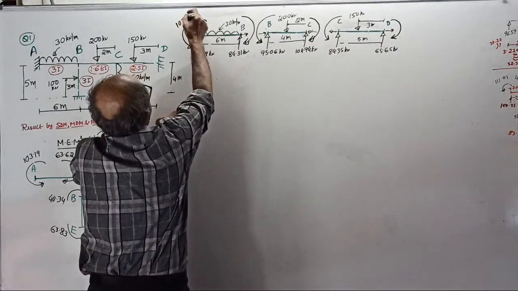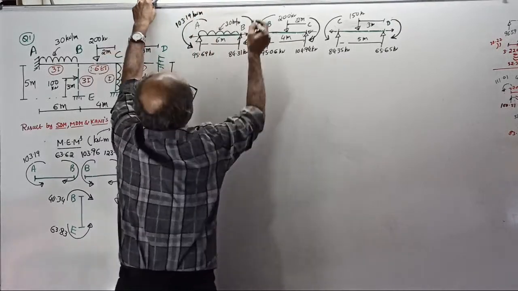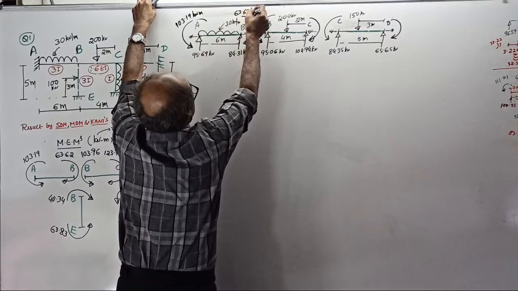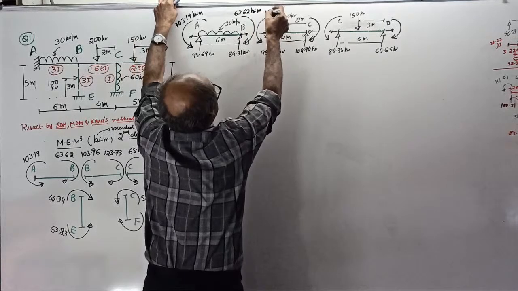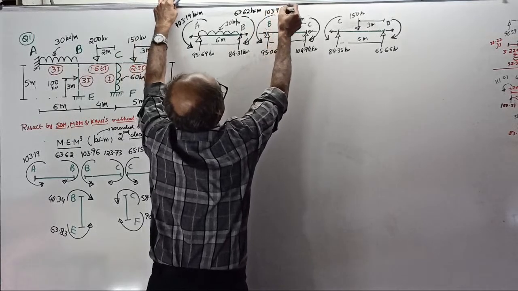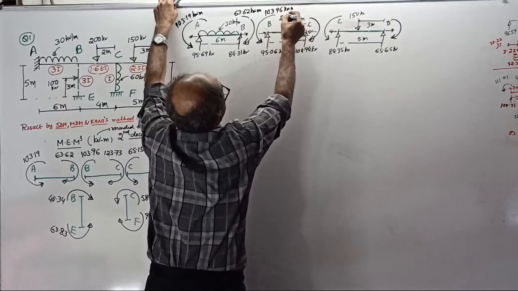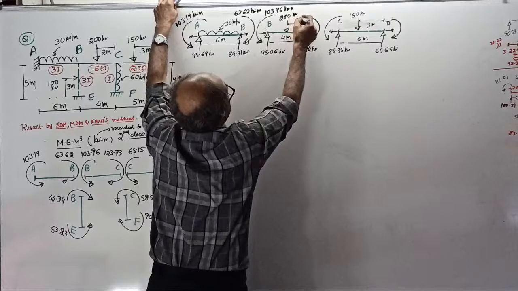103.19 kilonewton meter, 63.62 kilonewton meter, 103.96 kilonewton meter. This is 200 kilonewton, partially rubbed out because of touching by hand. 2 meter. Okay.